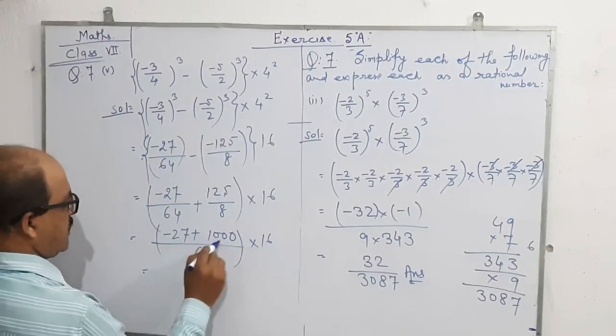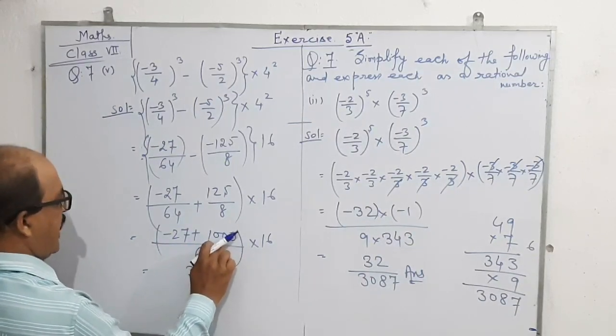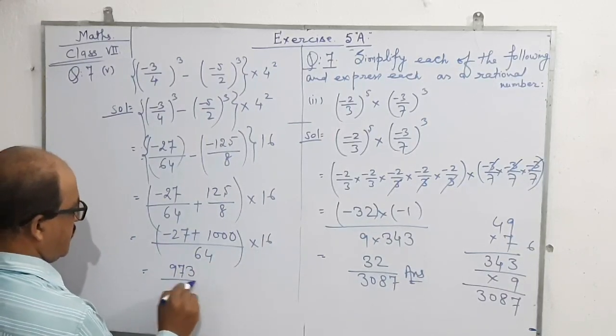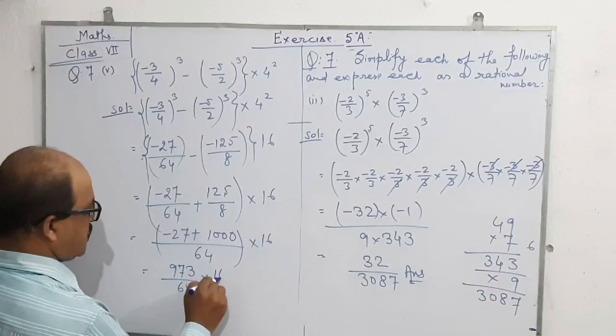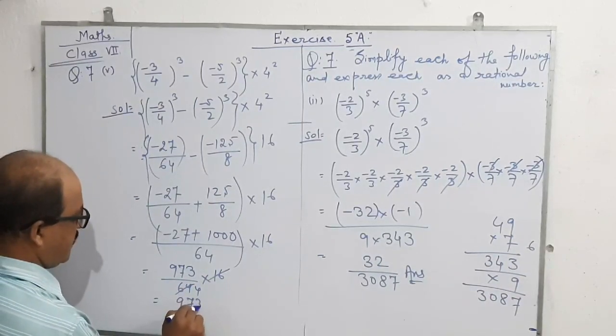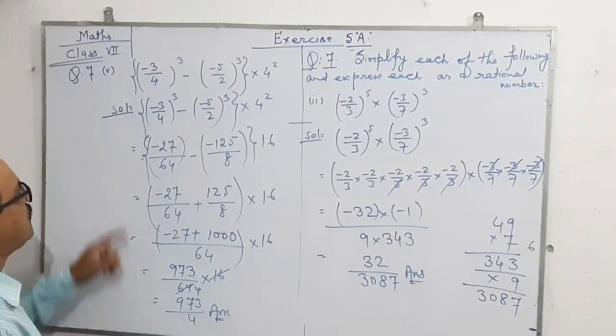When you subtract, 10 minus 7 is 3, and here it becomes 9 into 64 by 16, 16 fours are 64, and 973 by 4. This is the simplification, this is the answer of it.